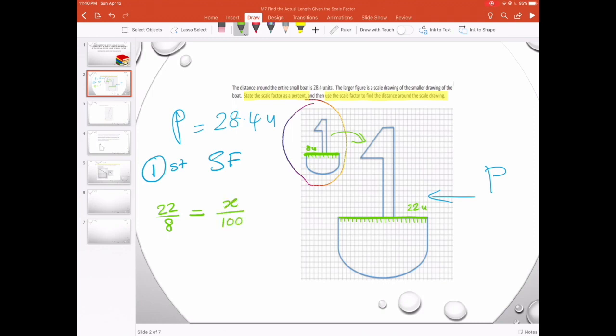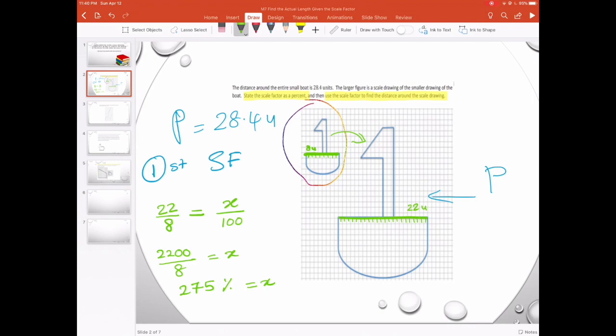X is my percentage out of 100. I'm going to get 2200 divided by 8 is equal to X, and that's going to be 275%. So the scale drawing is 275%.